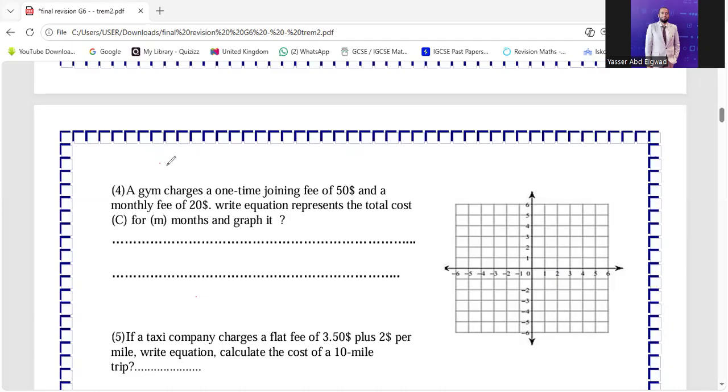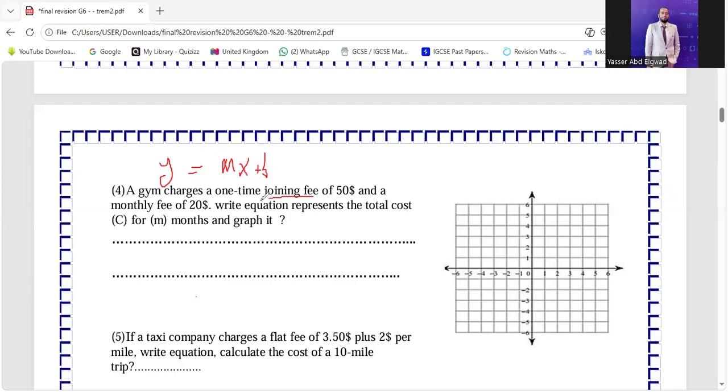Any line can be represented as y equal mx plus b. What does it mean? If you see "per" in the problem, it means the number multiplied by x, or the number multiplied by the variable. Again, the charge is a one-time joining fee.